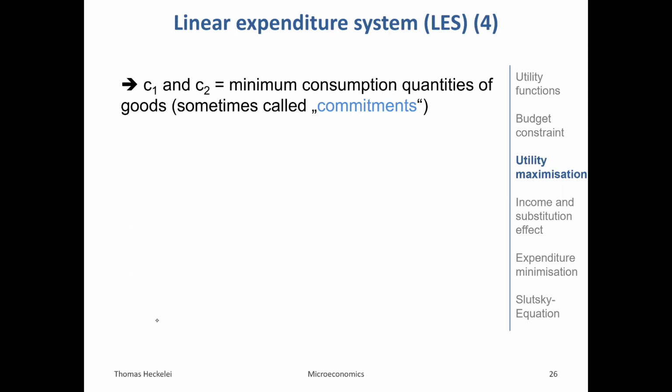Okay, so like I mentioned, C1 and C2 can be interpreted as the minimum consumption quantities of the good that you have to consume, for example, in order to survive. Like we could think about the minimum amount of food that we have to eat to survive before anything else could be considered. So sometimes it's called the commitment.